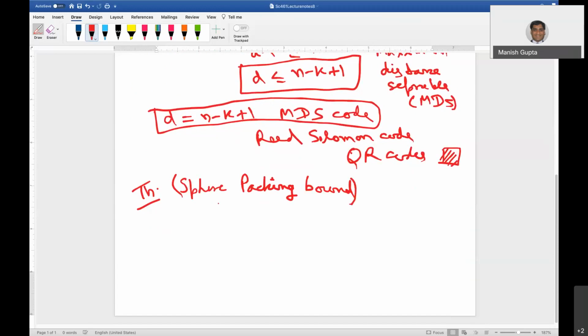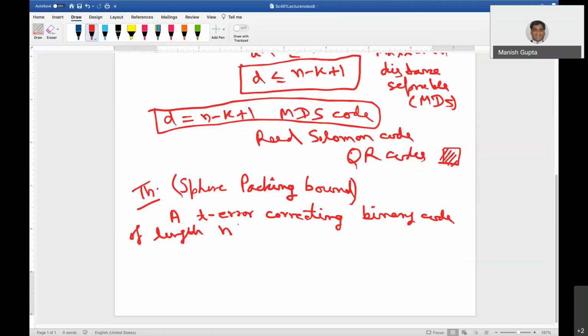This says that a t error correcting binary code of length n and containing capital M code words, total number of code words being capital M, must satisfy the following relationship.